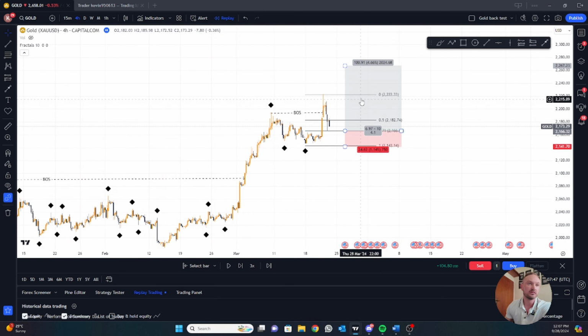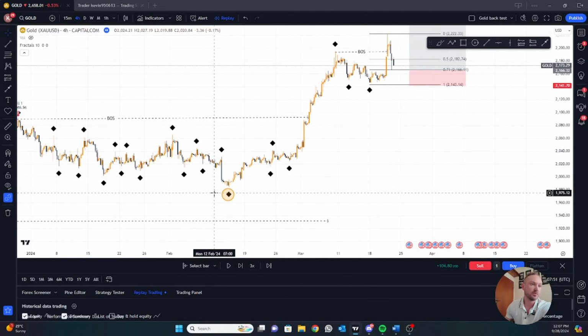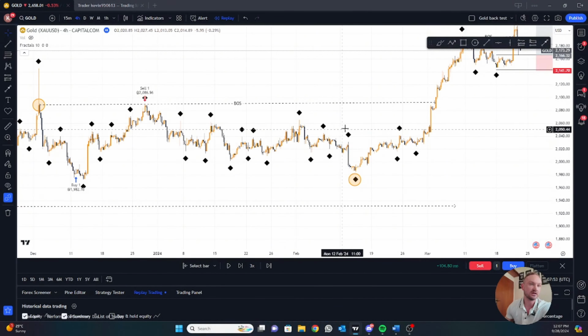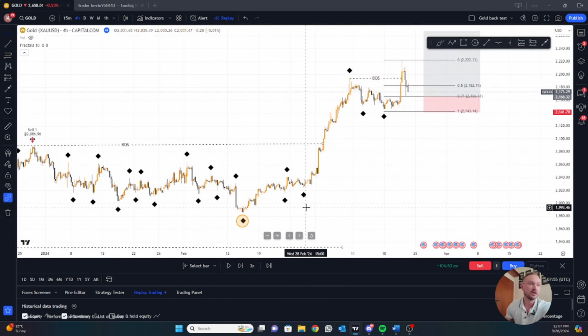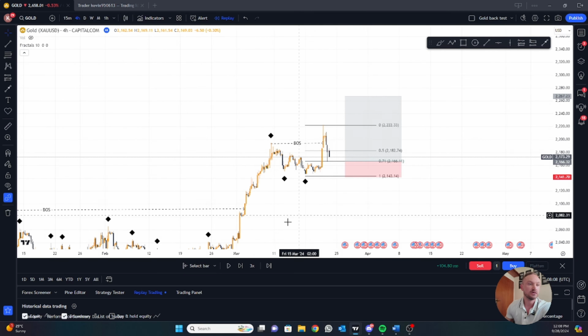But you can take partials on your way up. I just think with this momentum, the consolidation that we had, we will see a big push to the upside since we have now broken structure from that consolidation, and now we have another break of structure to the top. So I'm just going to keep that in mind.